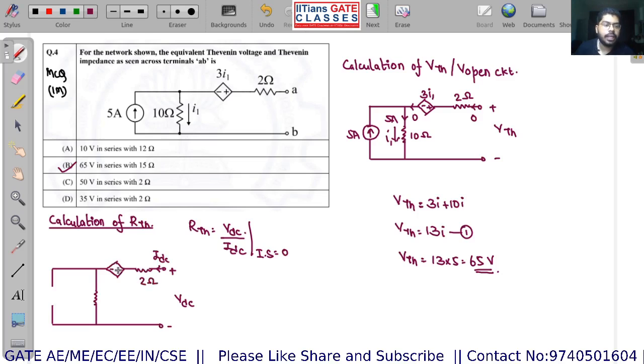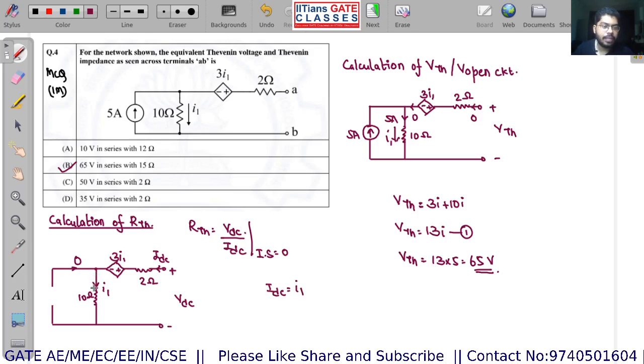And this is minus plus 3 I1. And this is also I1 and 10 ohm. Okay, so you can see IDC is equal to I1 because from here 0 ampere is flowing. So if I apply KCL at this node, IDC is equal to I1.